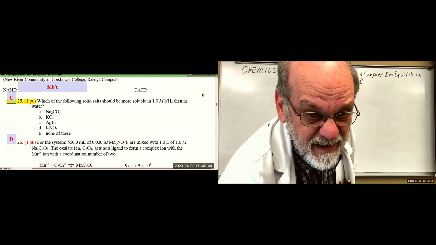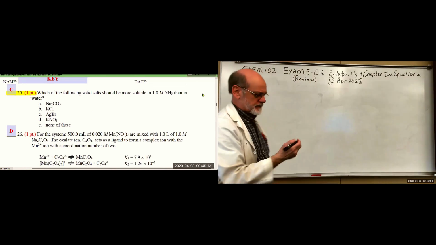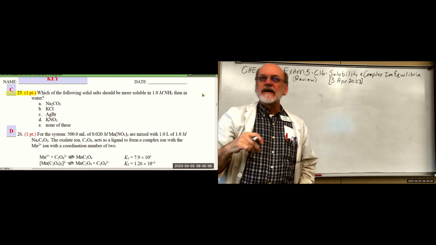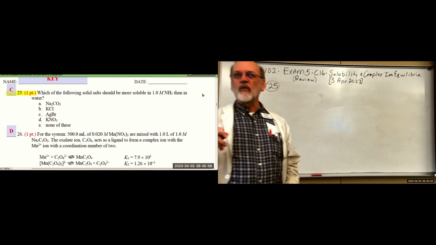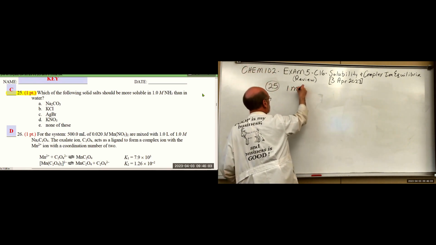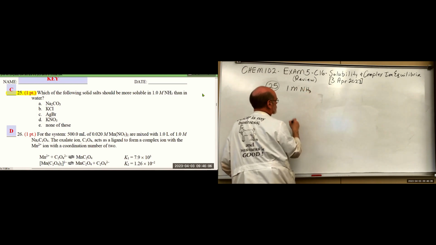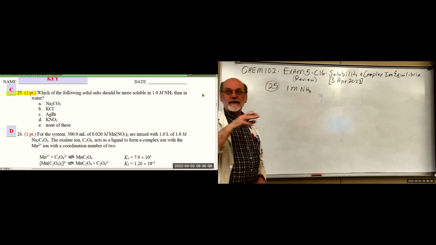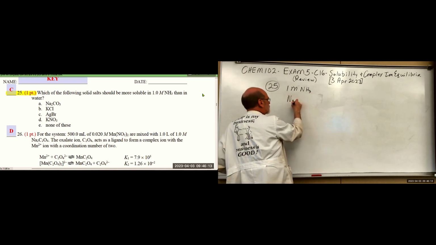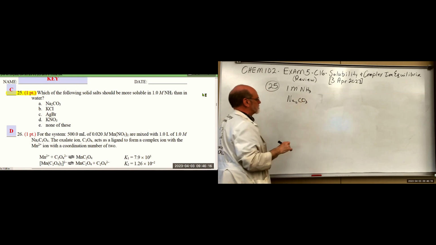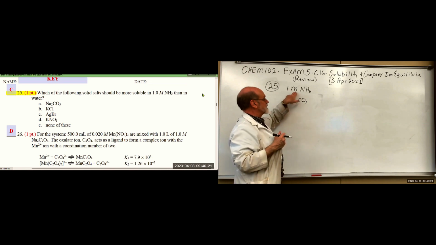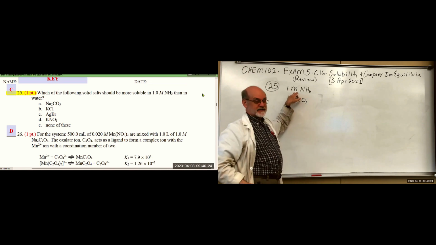Let's see here. Which of the following solid salts, 25, should be more soluble in 1 molar ammonia than in water? Okay, what do we have here? We've got sodium carbonate. Recognize that what we're trying to do here is form a complex ion.